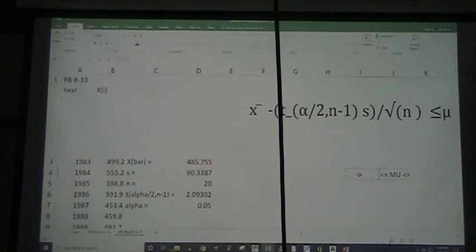All right, so my left side of the equation equals my x bar minus my t of 0.025 with 19 degrees of freedom times my sample standard deviation divided by the square root of my n.